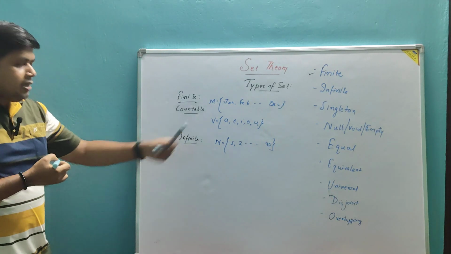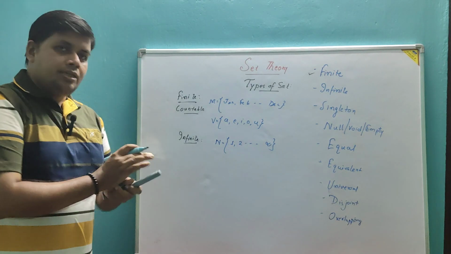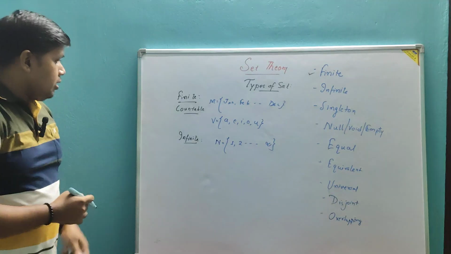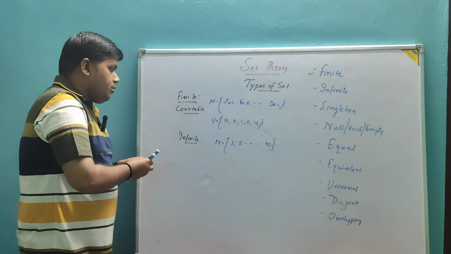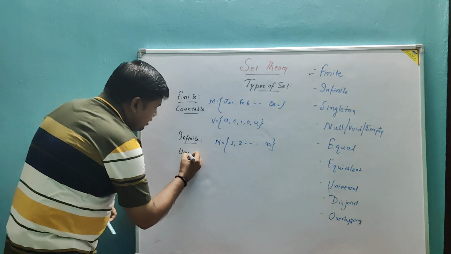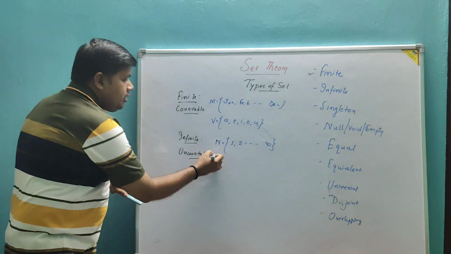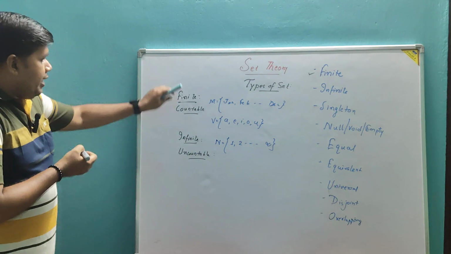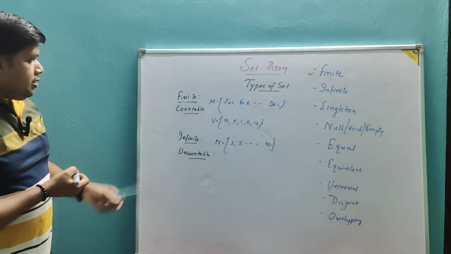So the set N is an infinite set. Here the number of elements is not countable. There are many such examples of infinite sets. Since the elements are not countable, we can also call it an uncountable set. Uncountable set means the elements can't be counted. So finite set or countable set, infinite set also called uncountable set.